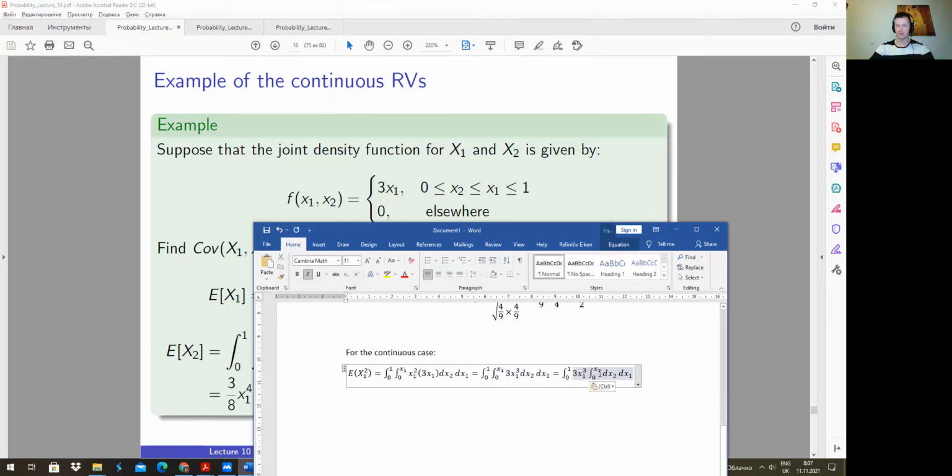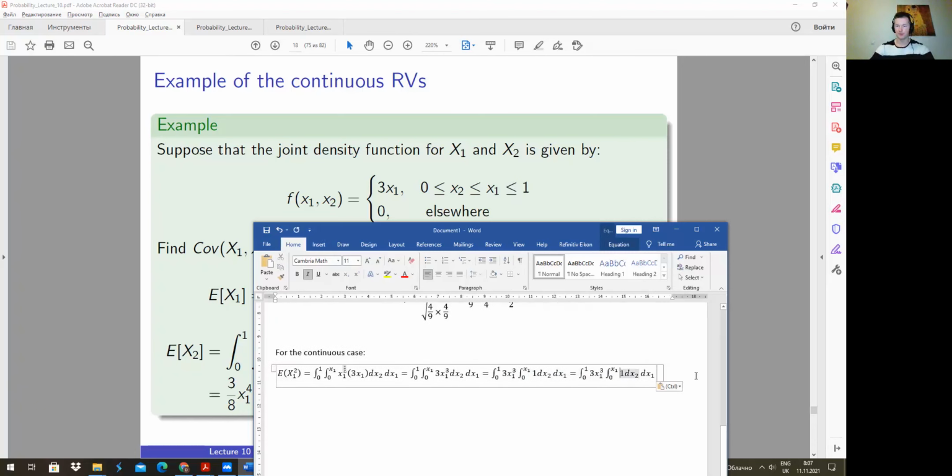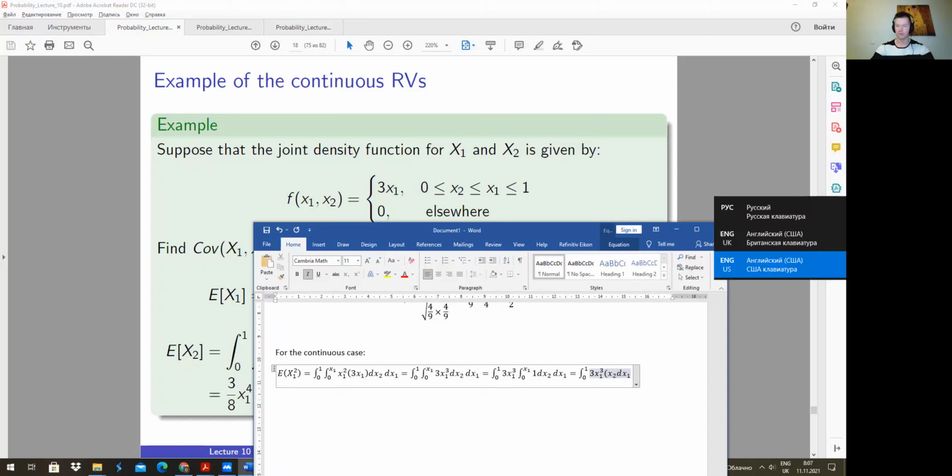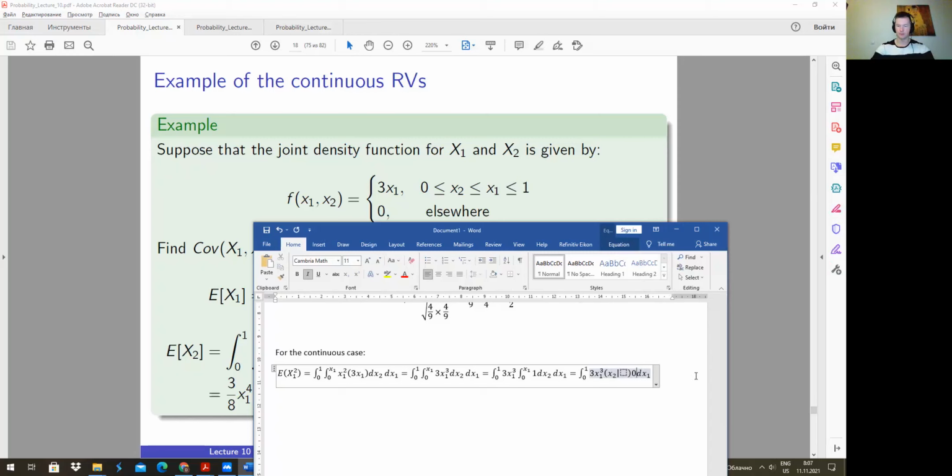Okay, and so inside I have the integral of 1 with respect to x2, which is simply x2. Right, so I have now this x2, which must be evaluated from 0 to x1. And when I plug this here, it's just x1, right?